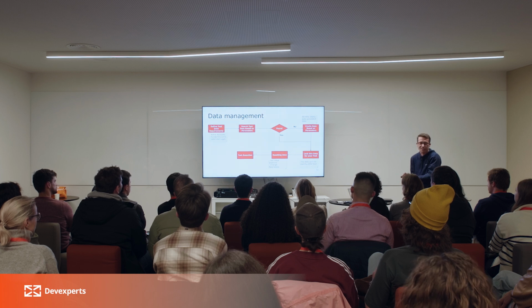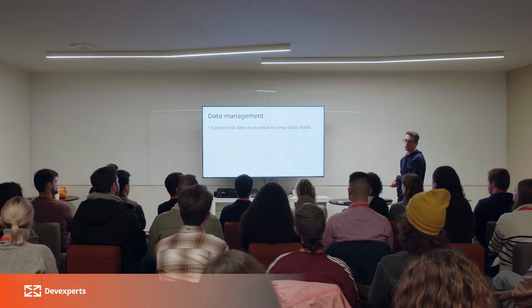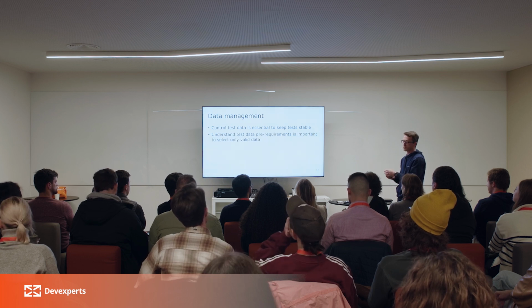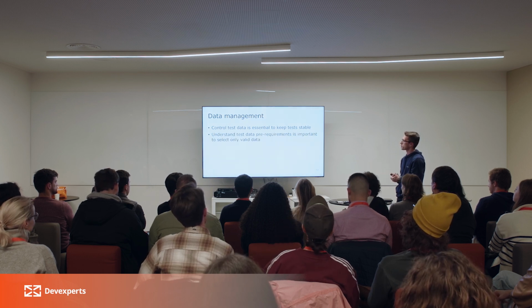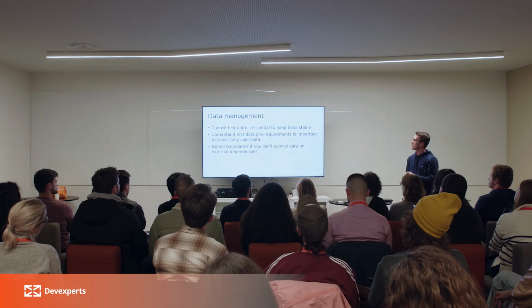And then finally, we have the test itself, right? Finally, the test starts. But all this data preparation is really important to keep our test stable. Understanding this test data prerequisite is really important to select only valid data, accounts, instruments, or different other types of data that we use in our tests.